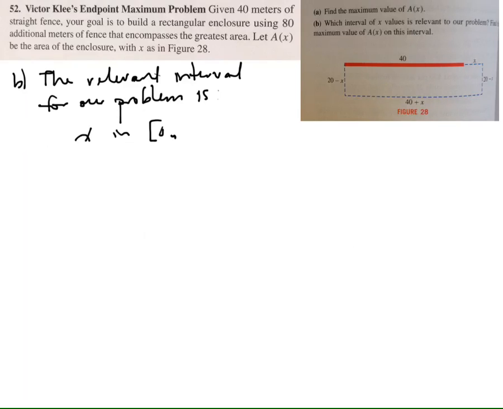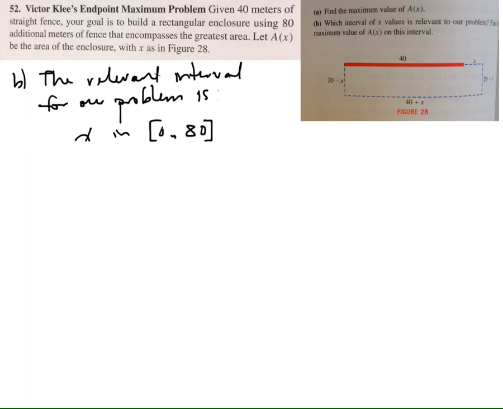And what's the biggest that x could be? Well, the biggest that x can be, I guess, is 80. We won't actually enclose any area if x is equal to 80, but we could just lay our fence out in a straight line. Oops, that should be closed.